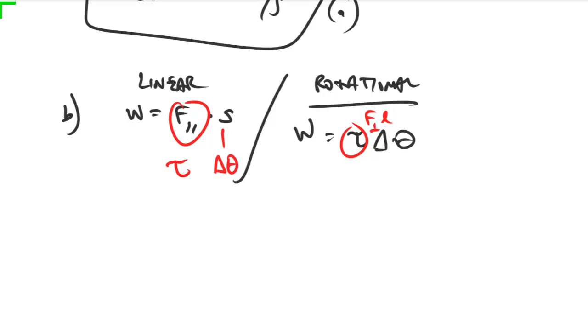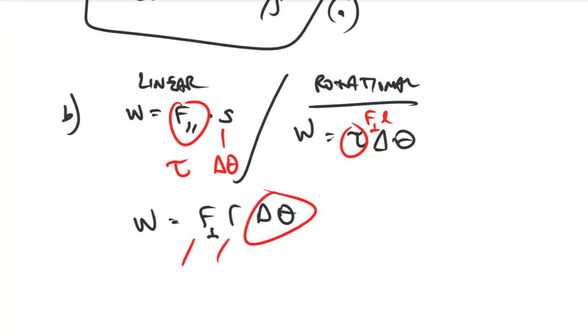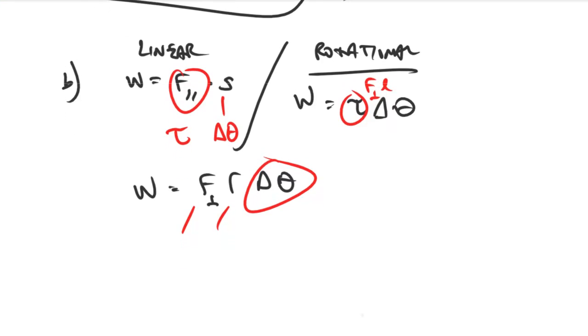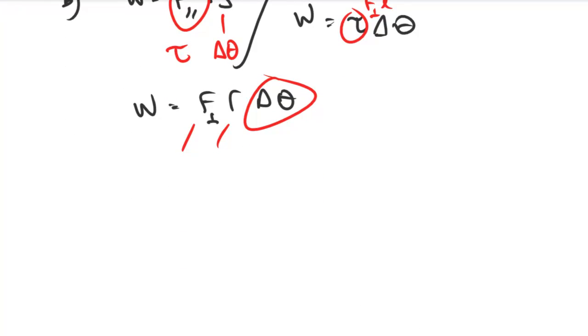And so the rotational work is perpendicular force times the moment arm, which in our case here is the radius, times delta theta, right? So we have this and this, we just need delta theta, which we could actually get from kinematics as well. Now that we have an alpha, we could find delta theta.